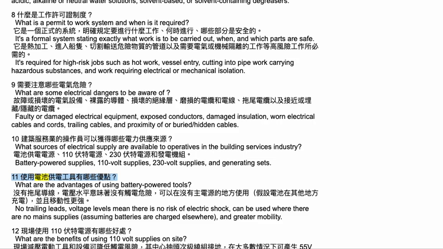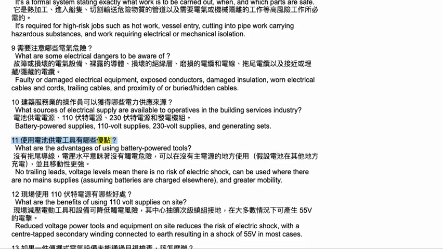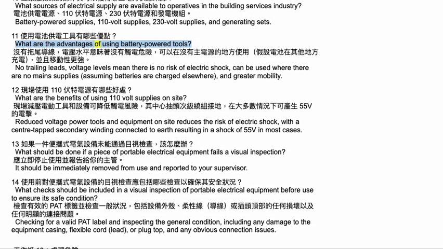11. What are the advantages of using battery-powered tools? No trailing leads, voltage levels mean there is no risk of electric shock, can be used where there are no main supplies, assuming batteries are charged elsewhere, and greater mobility. 12.